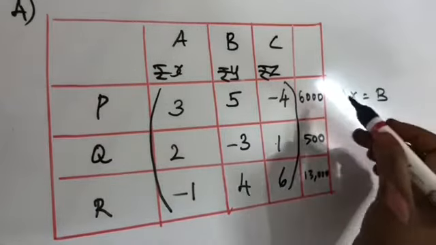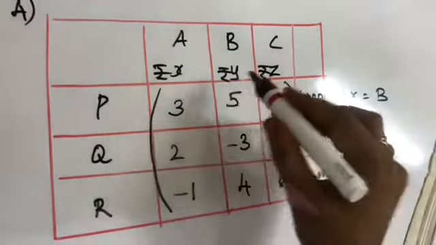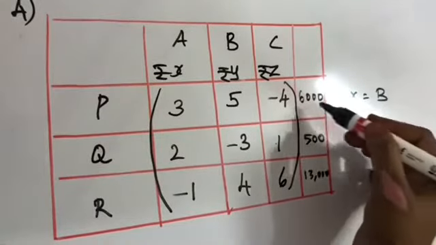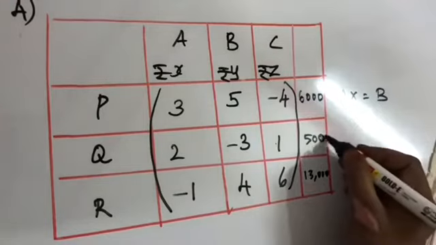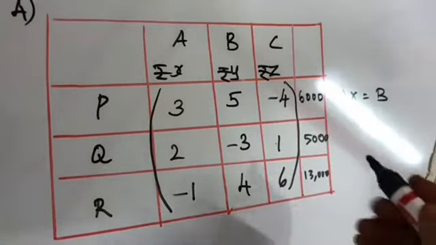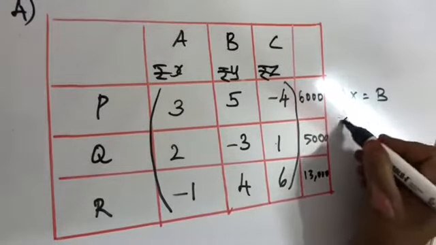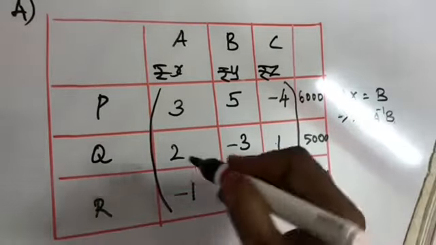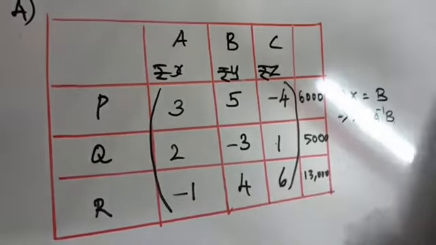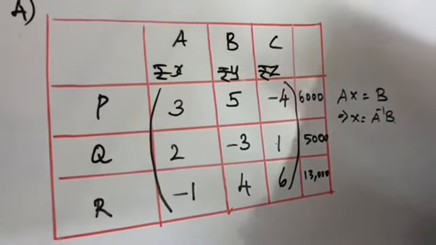X is the three variables x, y and z, and B is 6,000, 5,000 and 13,000. So the solution is X equals A inverse B. You have to find A inverse and multiply it with B.